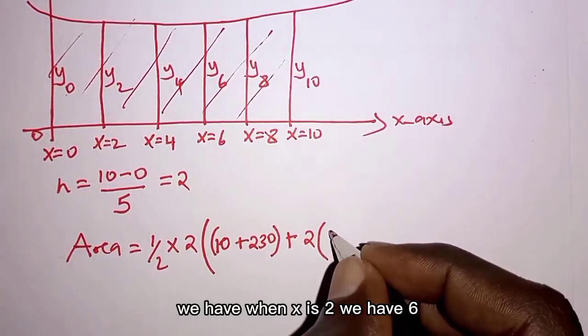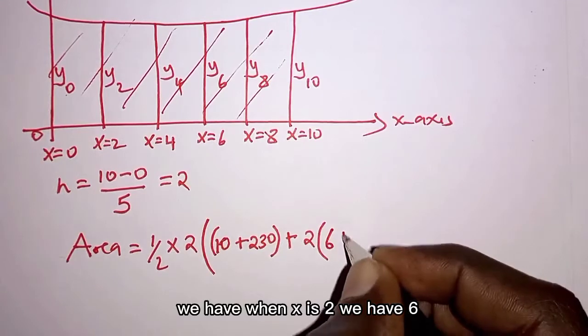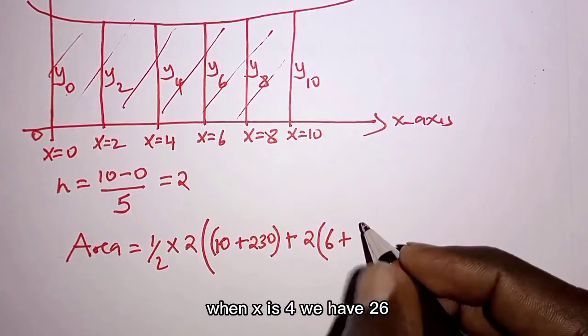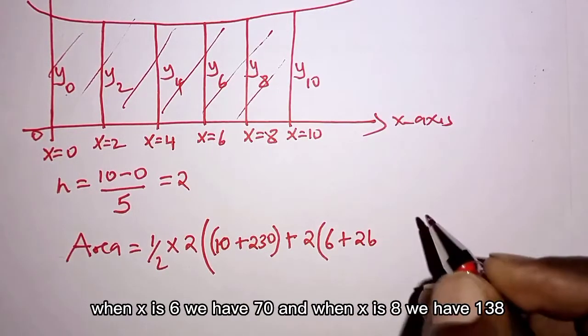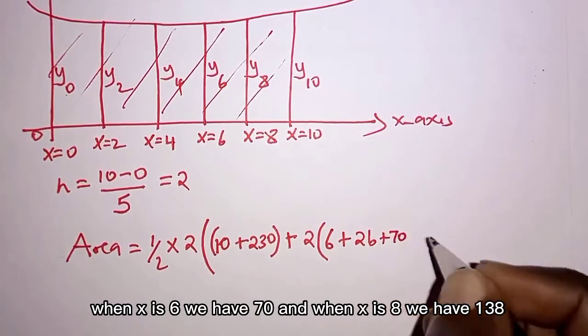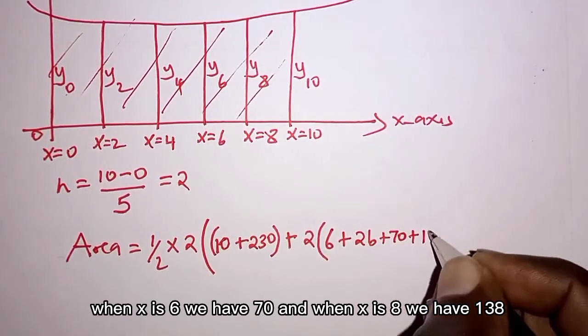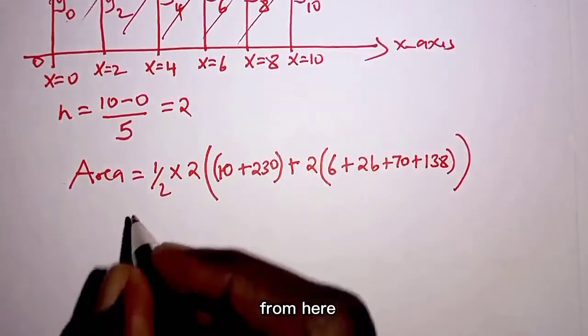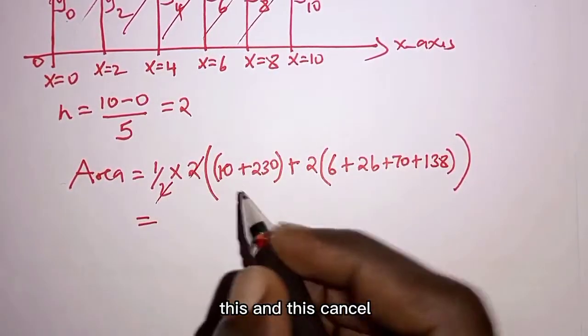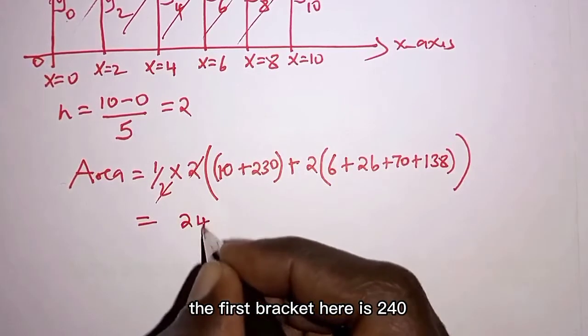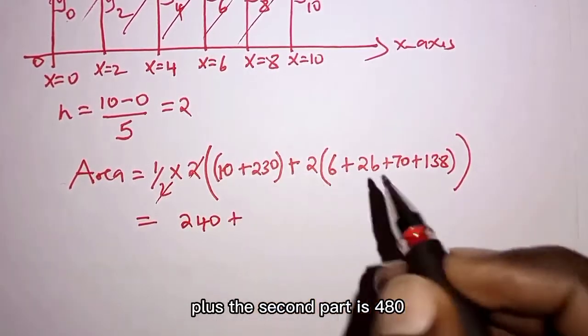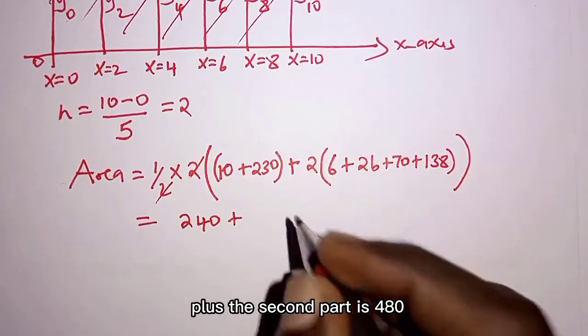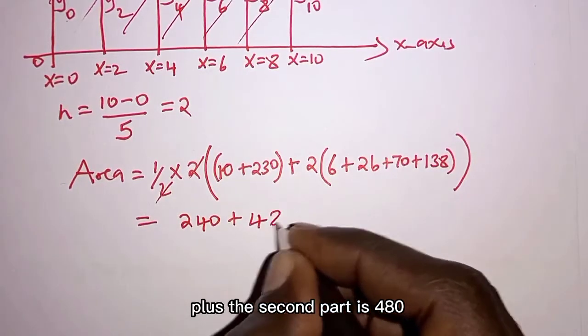So the half and the 2 cancel. The first bracket here is 240, plus this second part is 480.